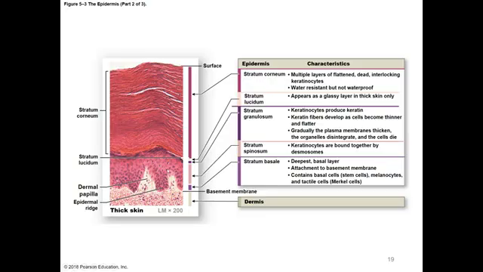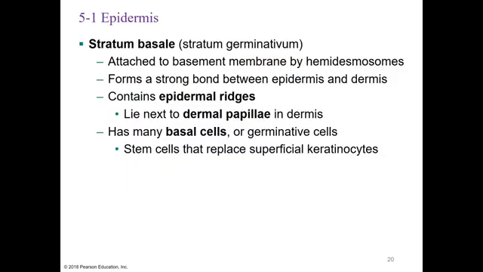For skin it would be pretty quick because we shed skin constantly. Because we're shedding skin off the top constantly, we have to be producing new skin to replace it. So stratum basale contains stem cells that are going through mitosis, which enables us to produce new skin cells.